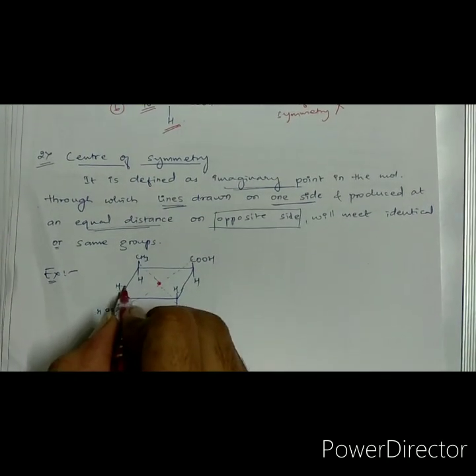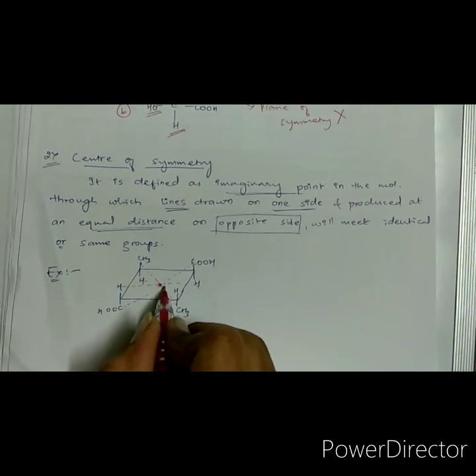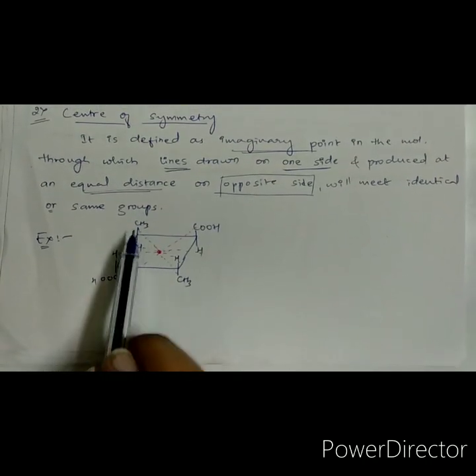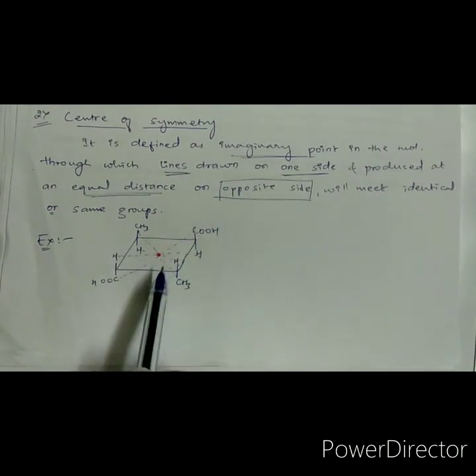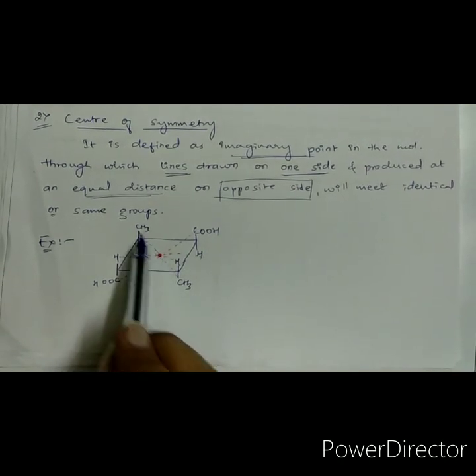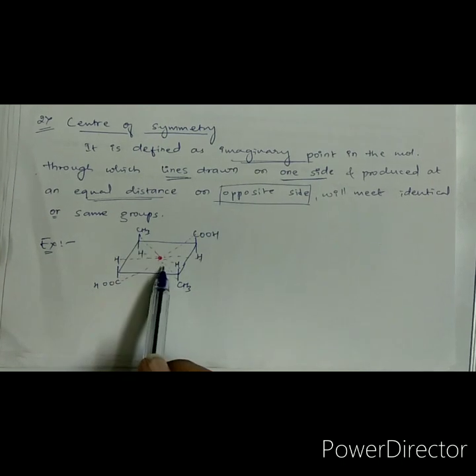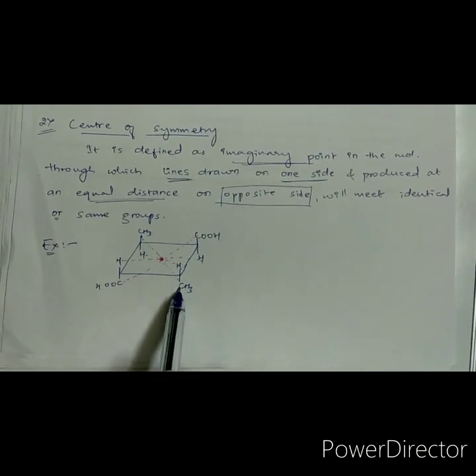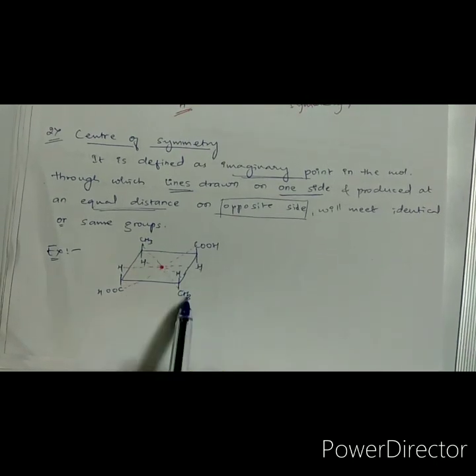Similarly hydrogens, up and down, and down and up. So this is how the center of symmetry is defined: an imaginary point through which lines are drawn on one side, and if produced on the opposite side to an equal distance, will meet the same group.